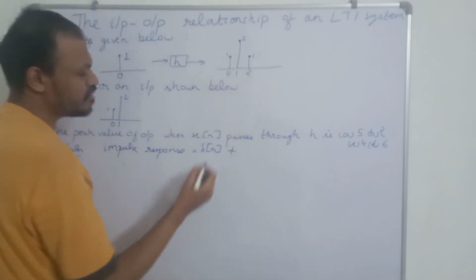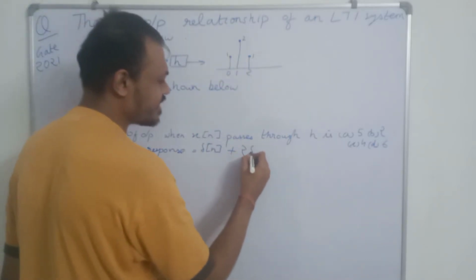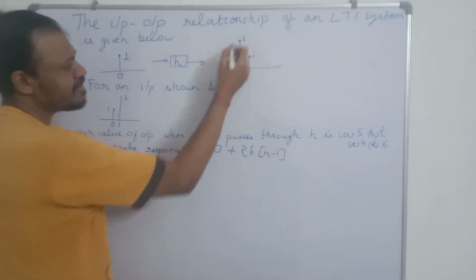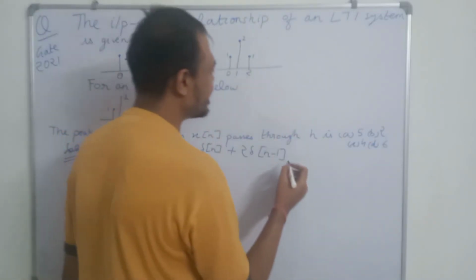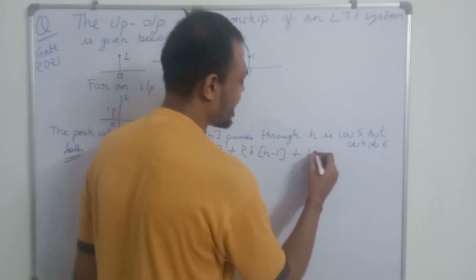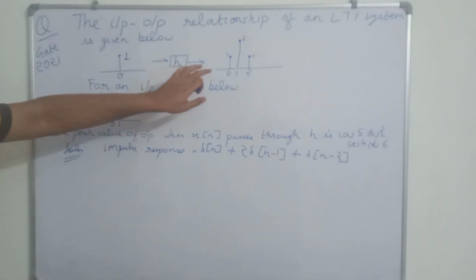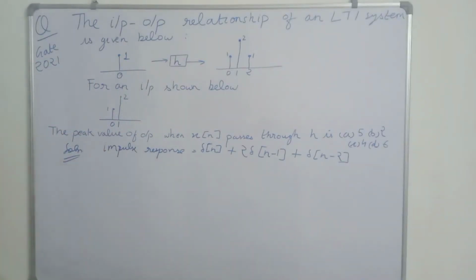At 1 the magnitude is 2, so 2 delta n minus 1, because at time instant 1 the magnitude is 2. Then at time instant 2 the magnitude is 1, so delta n minus 2. So from this data we can find the impulse response of this system.